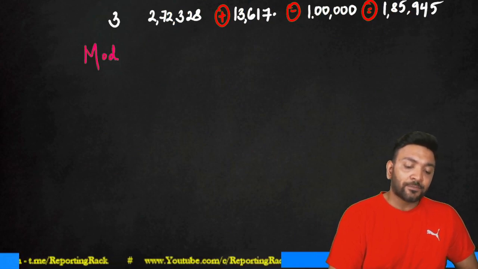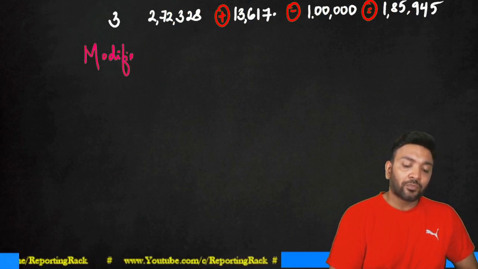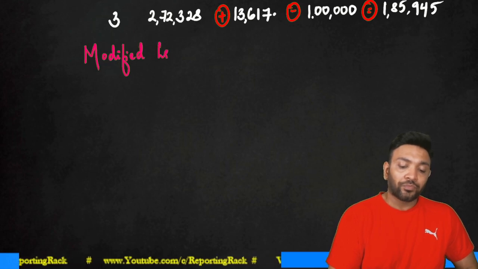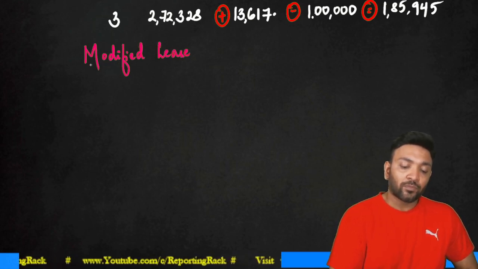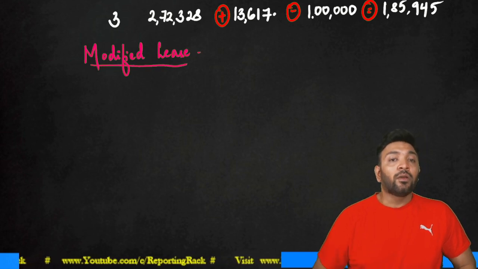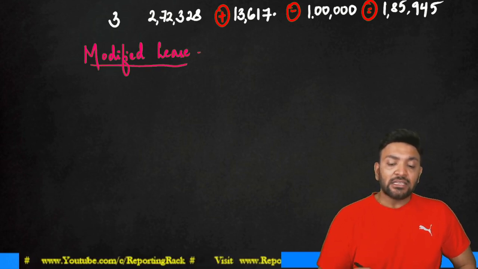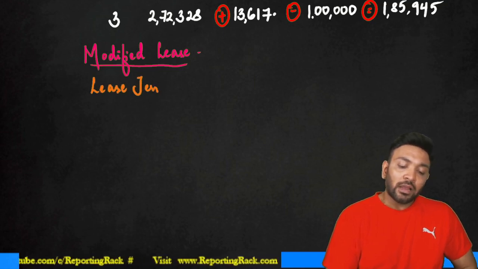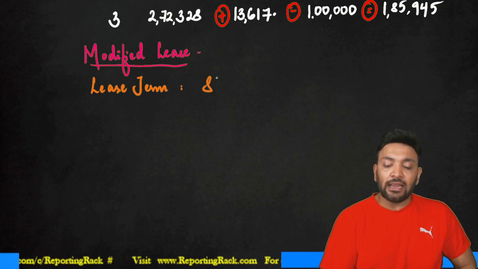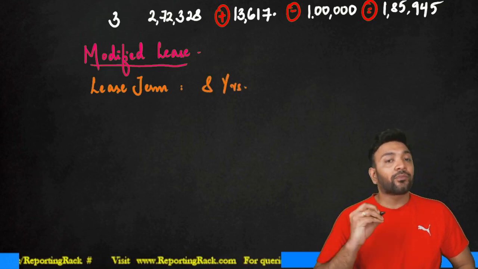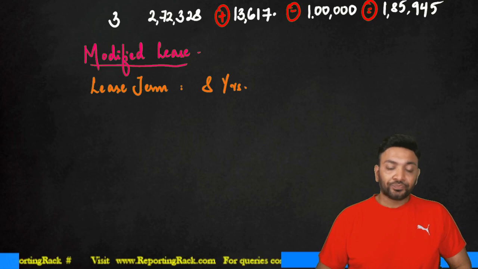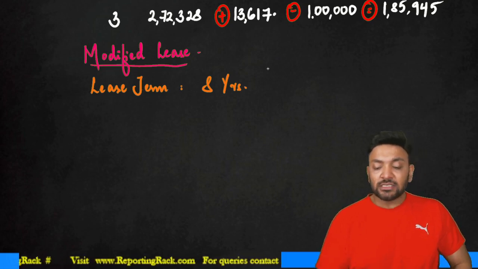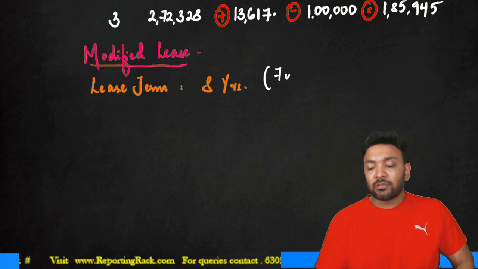Modified lease. My modified lease today has a lease term of 8 years. Correct? Out of this, 3 years are done.